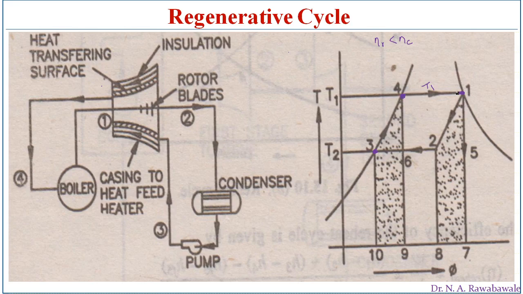So if we supply water into this boiler not at temperature T2 but at temperature T1 itself, if hot water is supplied to the boiler directly, then we need not heat this water to increase its temperature from T2 to T1. Directly heat is supplied at temperature T1, and that converts this water into steam.